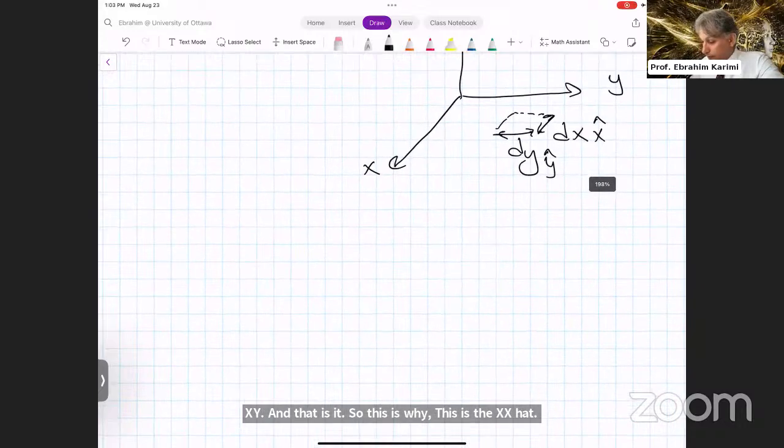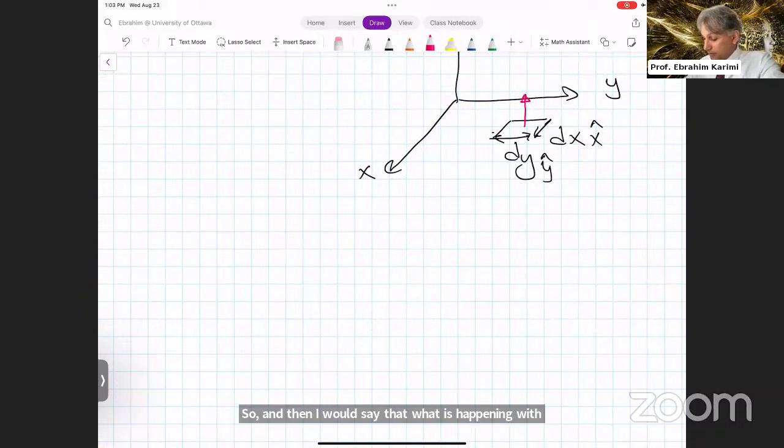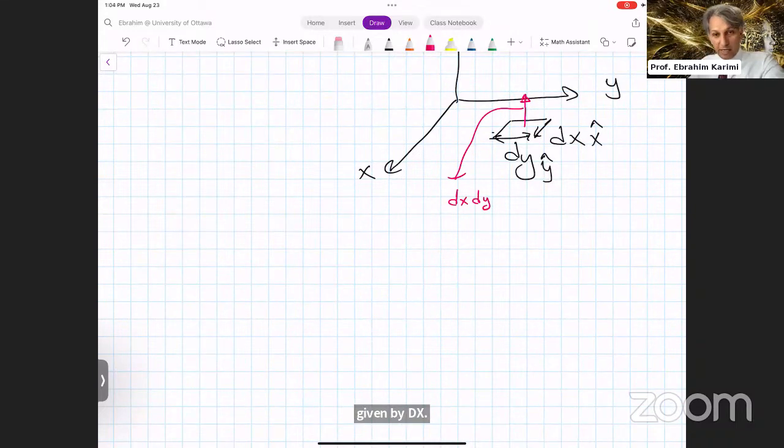If you zoom in, I built up a small region here, which will create a surface here. And then what is happening with the unit vector of the space, this surface? This is essentially given by dx, dy, and the direction is given by the right-hand rule.